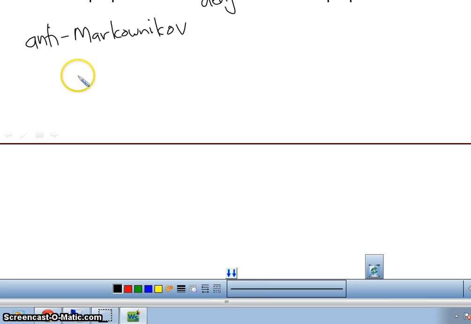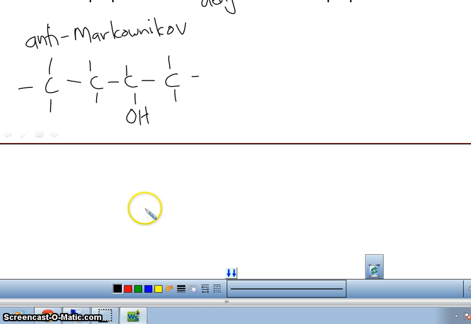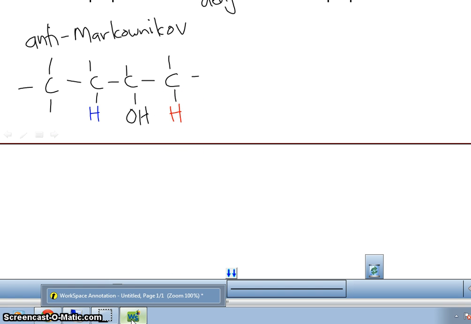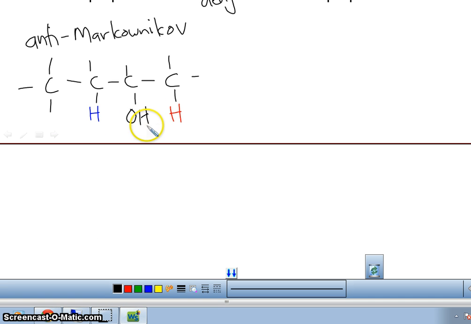But if I have butan-2-ol, I could take the blue hydrogen, or I could take the red hydrogen. So I could take OH and H and make a double bond here, or I could take OH and H and make a double bond here. So I could make two products.